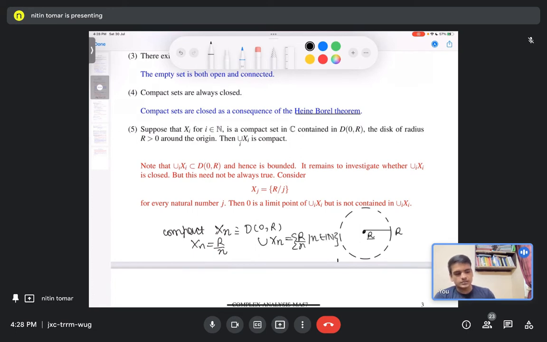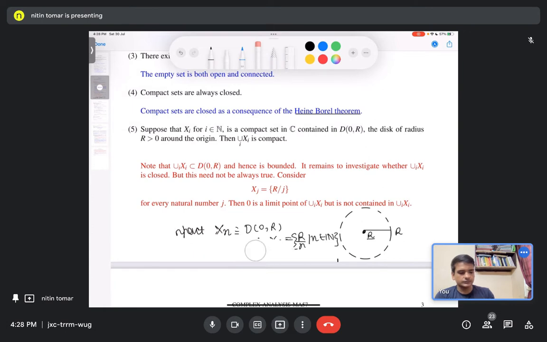Is this set closed? This set is not closed. Why? Because 0 is the limit point. r/n goes to 0 as n goes to infinity, right? So this set is not closed, hence not compact.